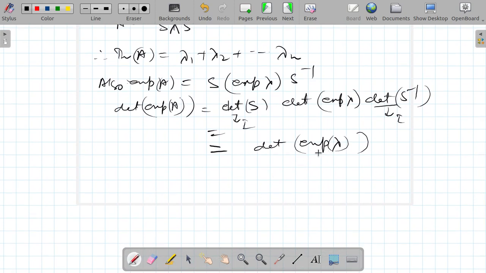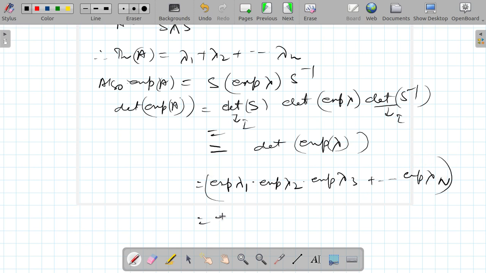If I try to solve this matrix, it is also a diagonal matrix, with entries exponential of lambda 1, exponential of lambda 2, and so on. The determinant of a diagonal matrix is simply the product of the diagonal elements. So I write it as exponential of lambda 1 times exponential of lambda 2 times exponential of lambda 3 and so on, times exponential of lambda n.